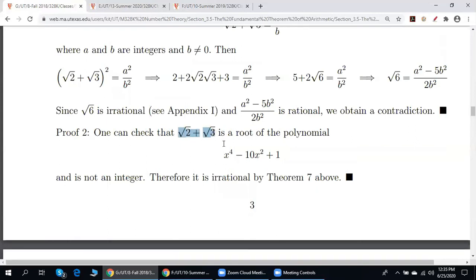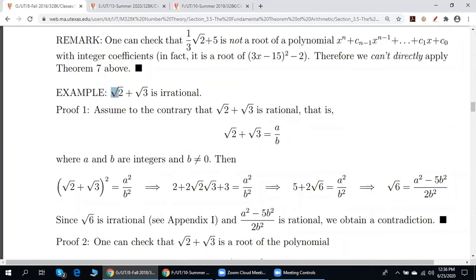This is a root of the following polynomial, x to 4th power minus 10x squared plus 1, and we cannot really come up with this polynomial easily. So, if we have just square root of 2, it is easy to find a corresponding polynomial. Square root of 2 is a root of x squared minus 2. But for this number, now it's pretty problematic.